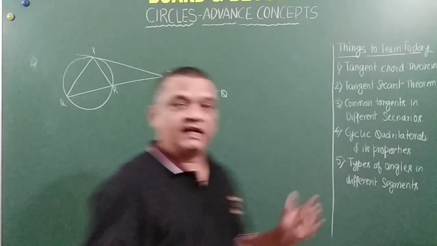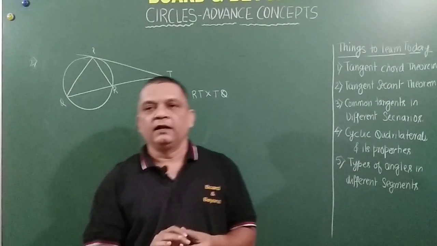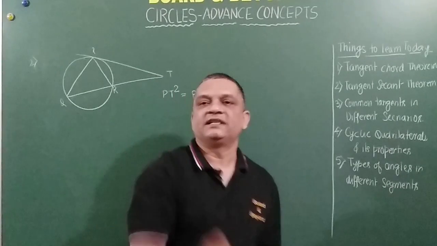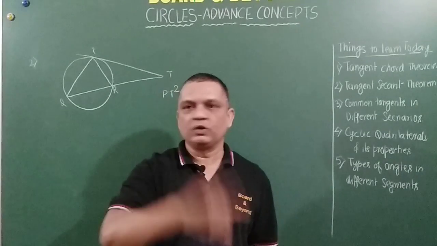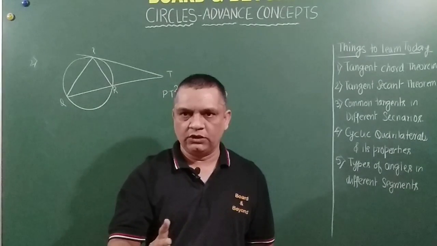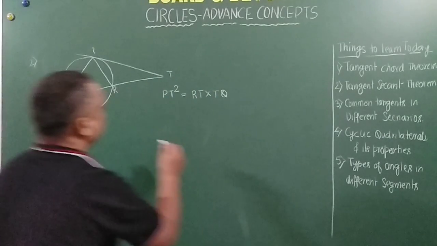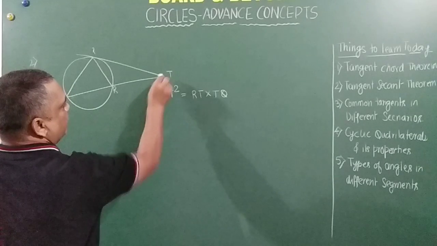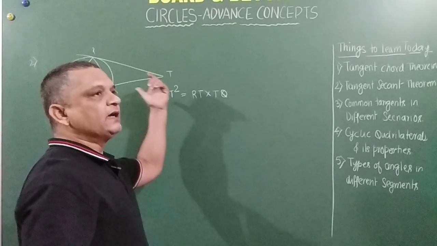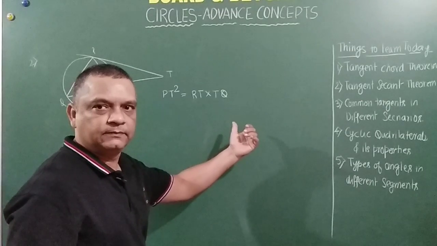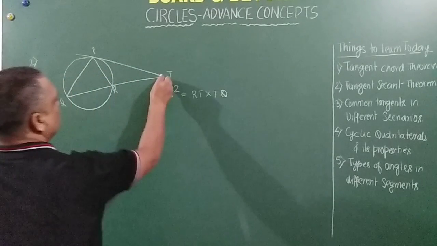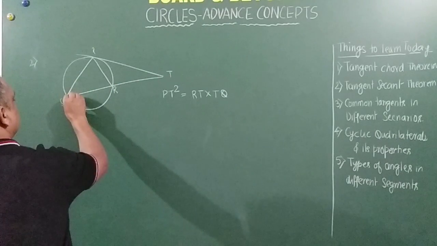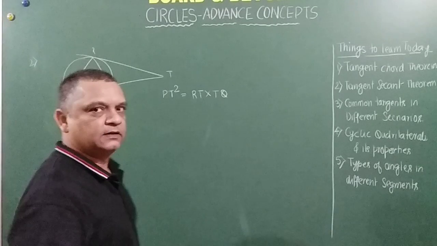Now how to give a statement to this theorem? The square of a tangent to a circle is equal to the part of the secant which is lying outside the circle, into the total secant length till the end of the circle, right?